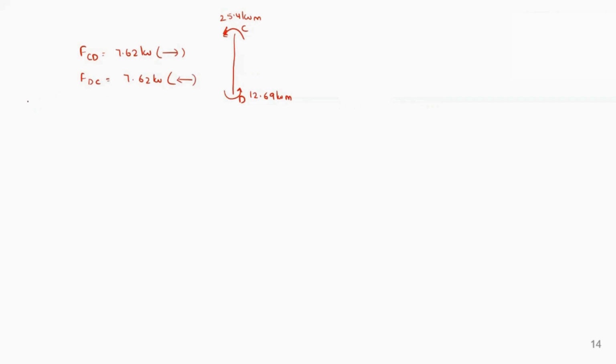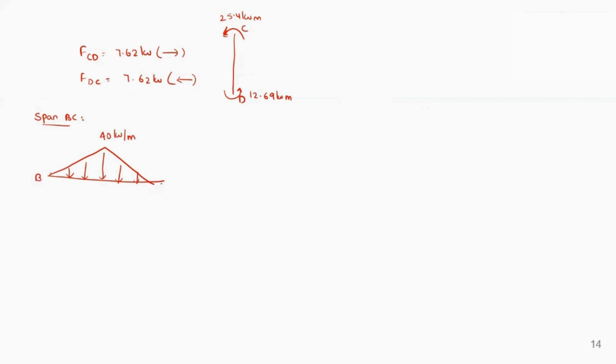So now coming to the span BC. If you just consider span BC, this is the loading that has been given, which is of 40 kilonewton per meter.